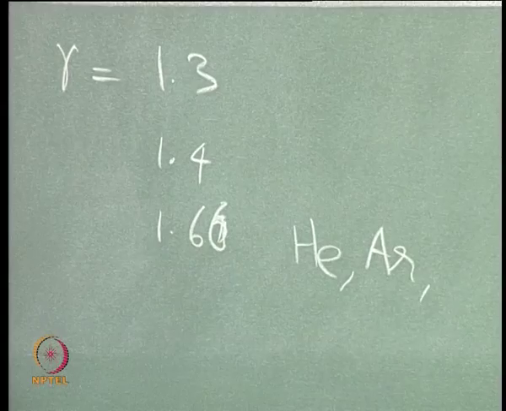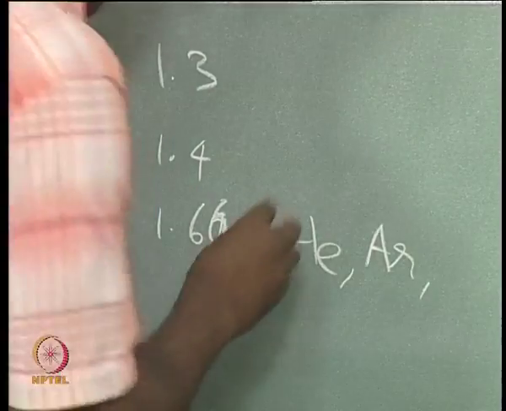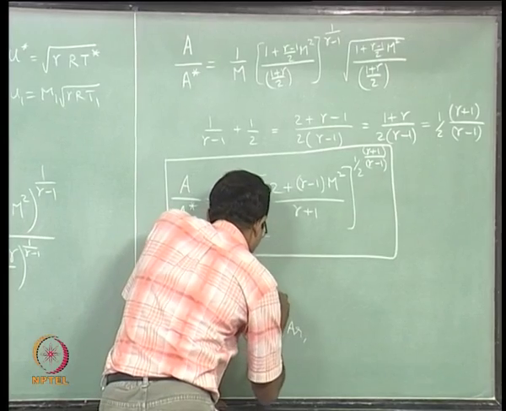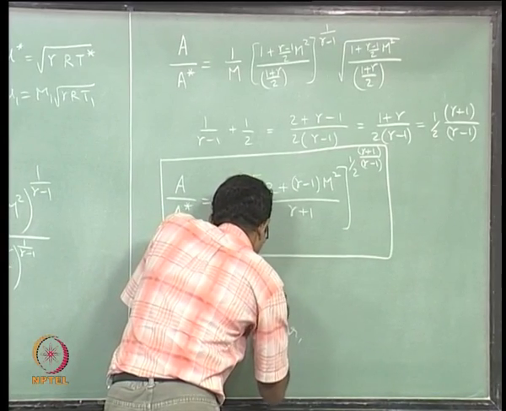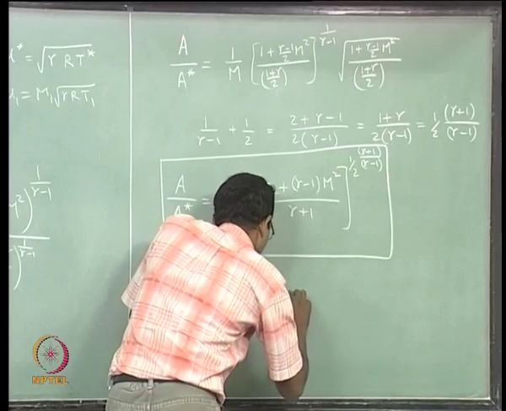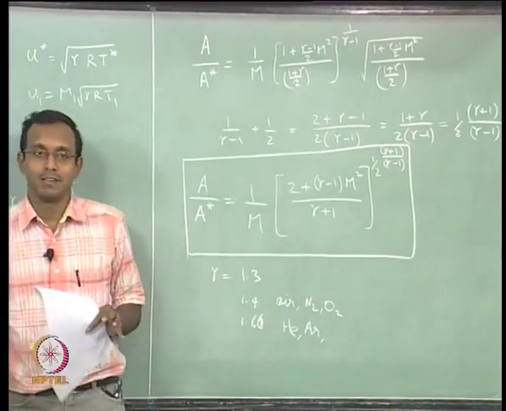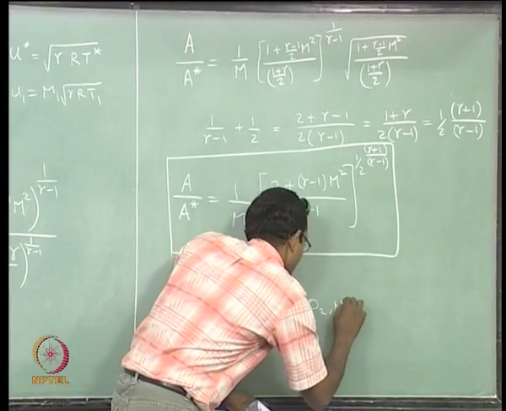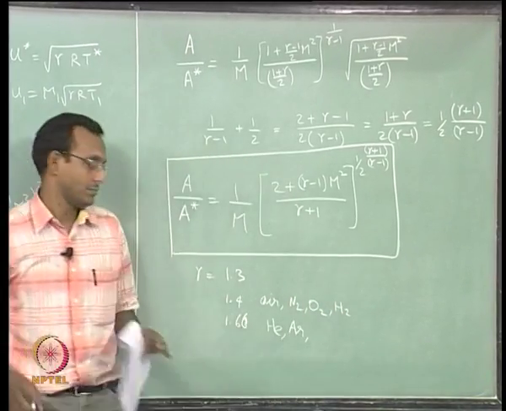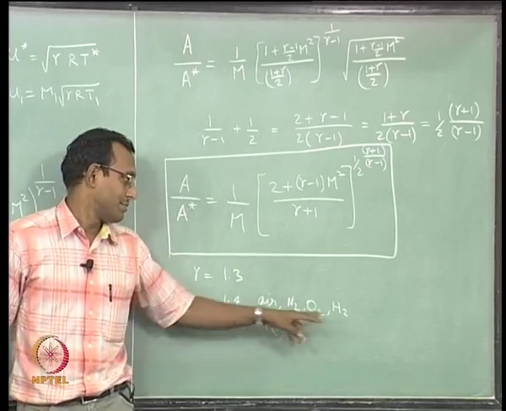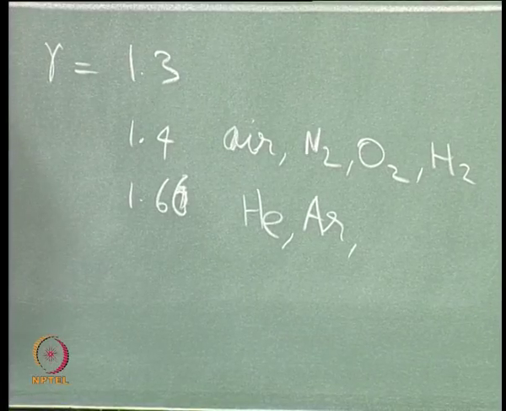For our air, all the diatomic molecules will use gamma equal to 1.4. In simple gas dynamics, by the way, even H2 will have the same thing; they will all have gamma equal to 1.4.